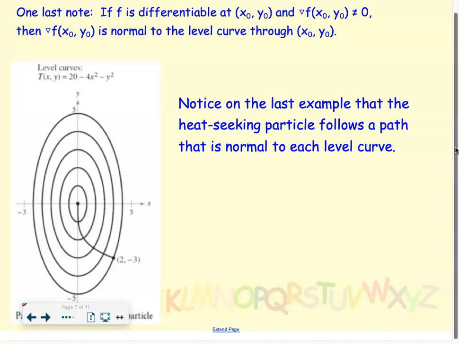I'm not even changing. I'm just staying at the same z value, right? So the steepest, the highest increase, would be the one that's perpendicular to that level curve. So your heat-seeking particle, and the gradient, will always follow a path that is perpendicular to your level curves.